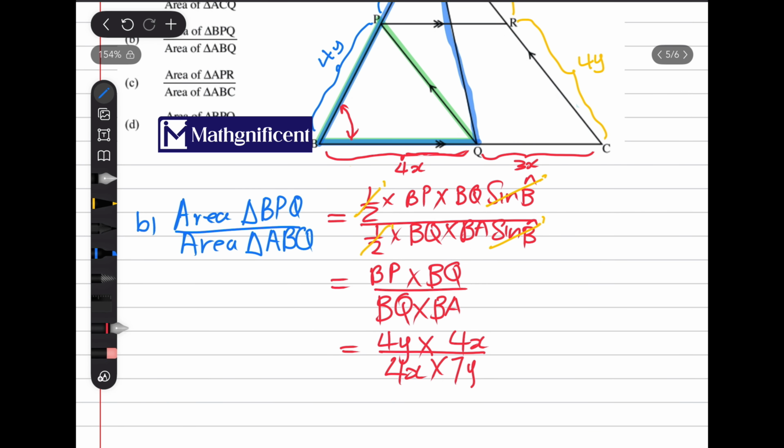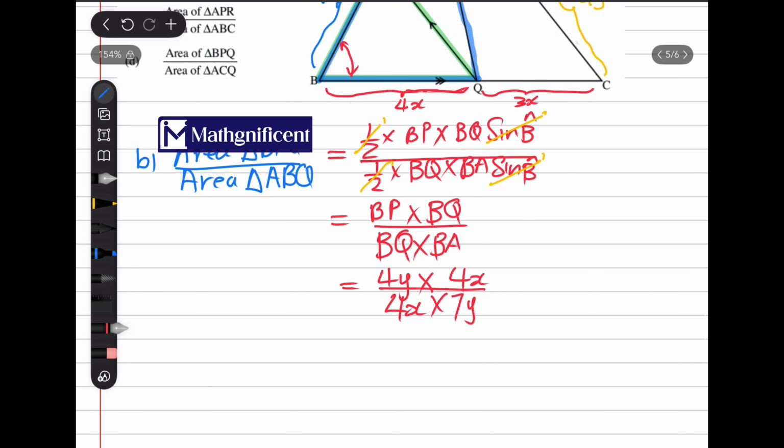We know that 4x and 4x give us 1. So 4y times 1 is 4y, and 1 times 7y gives us 7y. So this is going to be simplified into 4 over 7.